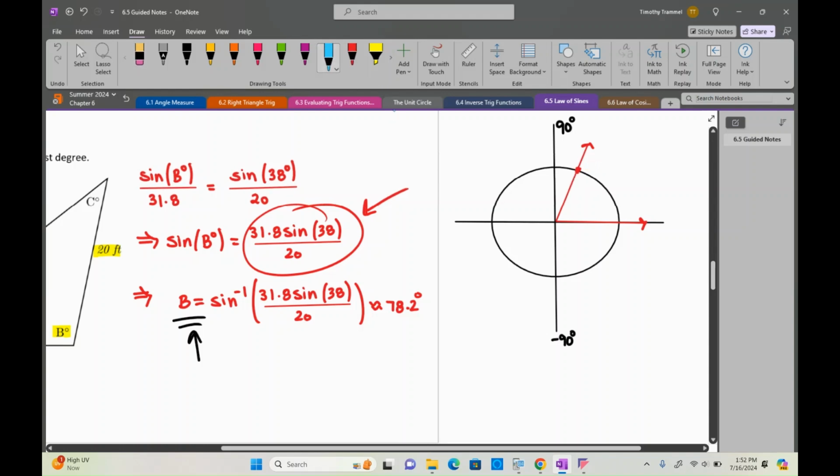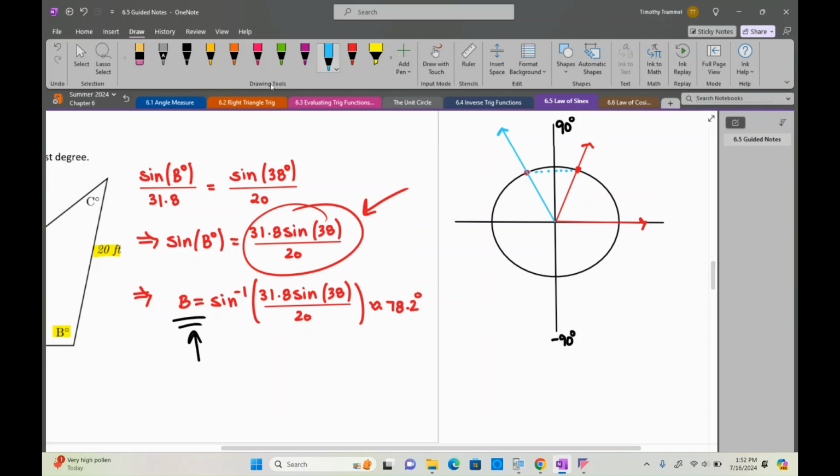Well, that's not the only point on the unit circle where we have this y value. If you go straight across, you'll end up right here. And I could sketch that angle in. So that blue angle is actually the angle we want to find.